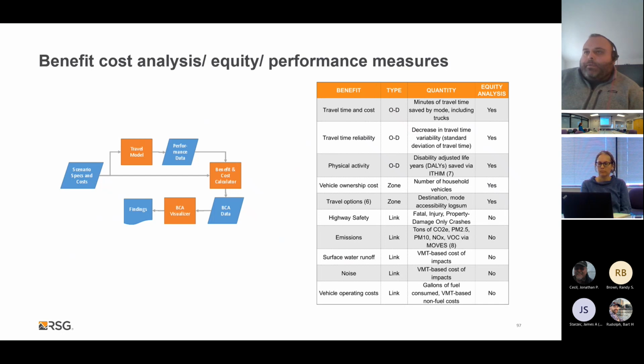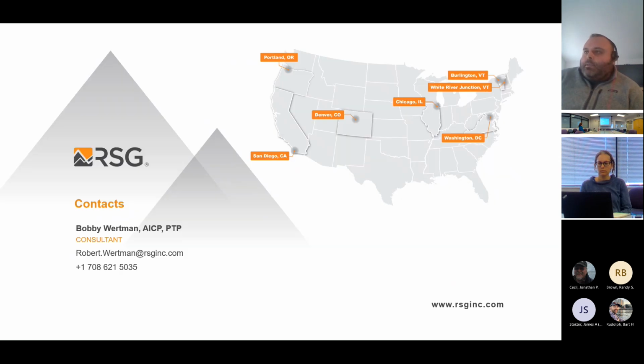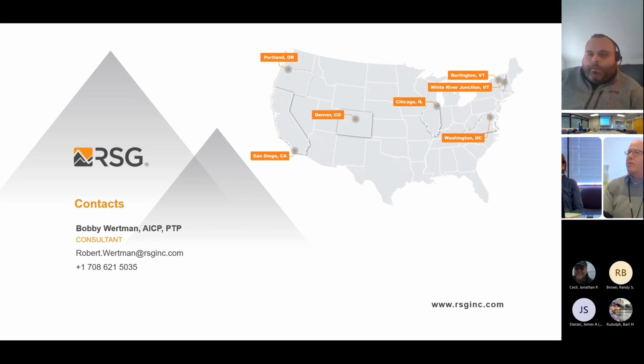So I think that the benefit cost analysis and equity and performance measure stuff is an important and increasingly important aspect of travel demand modeling, where we can take the travel demand model, combine it with some other analysis, and actually produce more robust measures of what the impacts and the benefits are, and who's benefiting from these projects. Yeah, Bobby, I might just add that we're taking a look at that component, right?